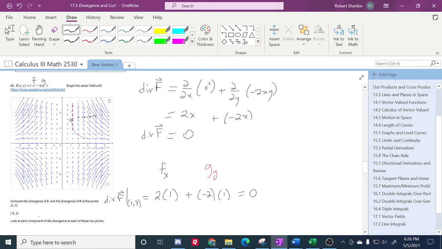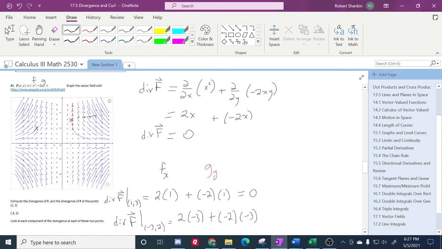Okay, so at -3, 2, I'm right here. The divergence of F evaluated at -3, 2 is 2 times the x coordinate plus -2 times the x coordinate. Alright, so this turns out to be -6 and this is +6.